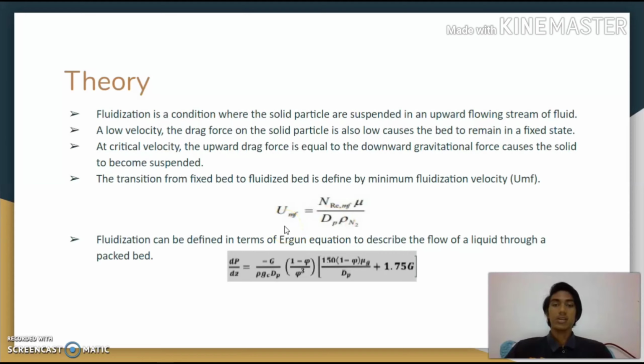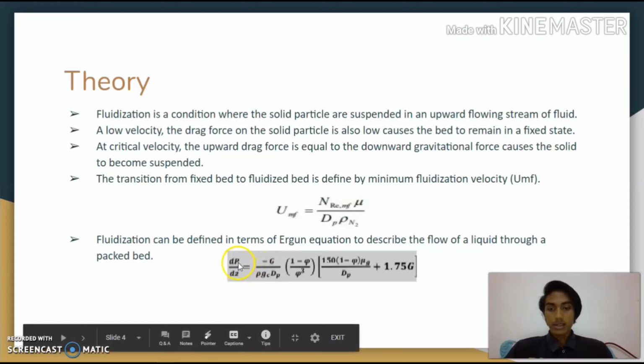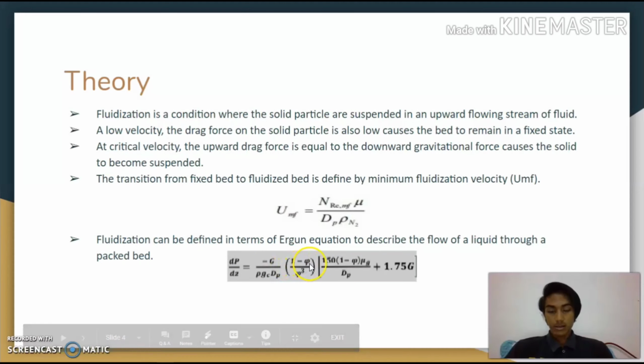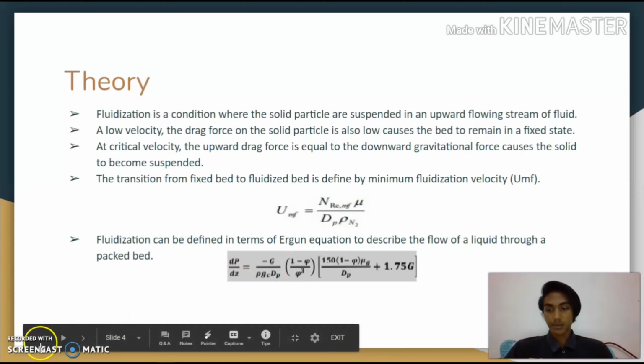Fluidization can also be defined in terms of the Ergun equation to describe the flow of a liquid through a packed bed. Delta P is the pressure drop, and G here is the mass velocity, while the symbol here represents the void fraction of the bed.